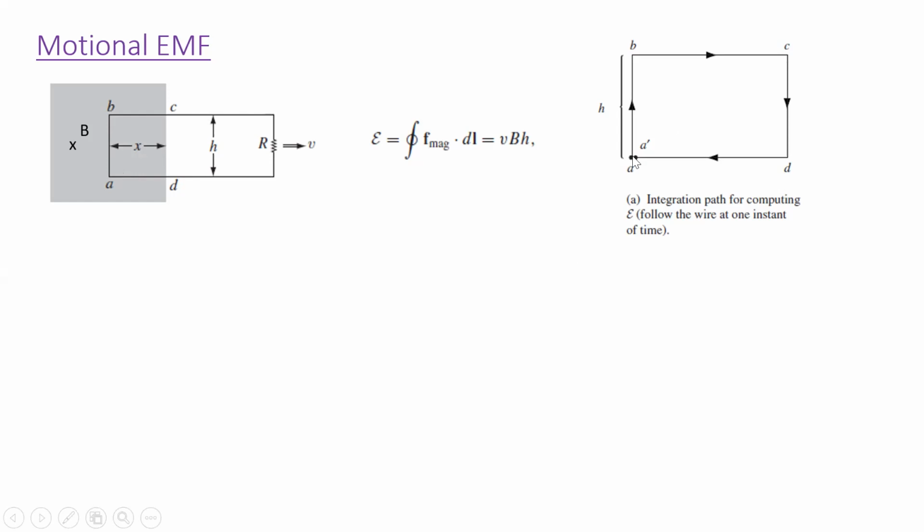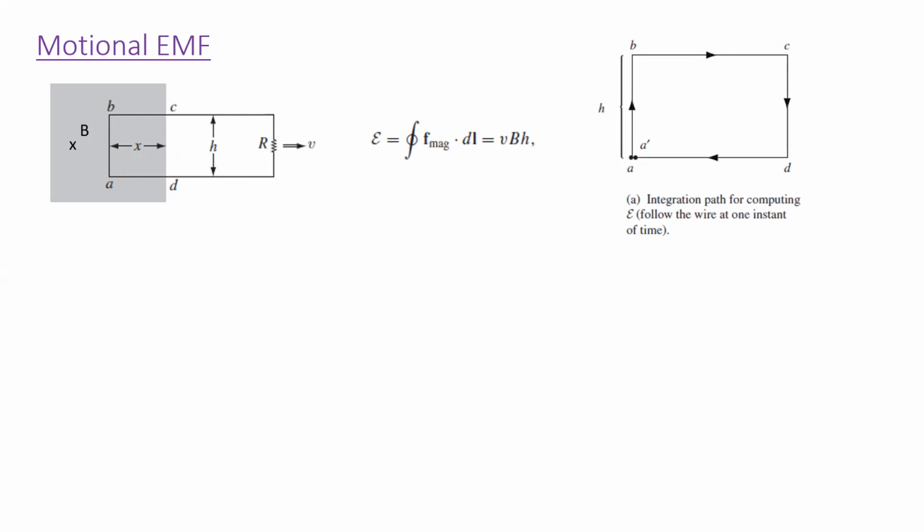So what we're really doing here in finding the EMF is integrating around the whole wire at one instant the force from the magnetic force, which is the effective battery here. The magnetic force is acting like a battery.